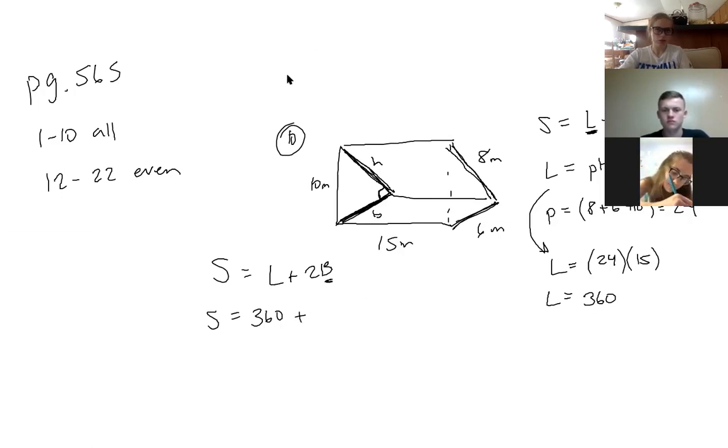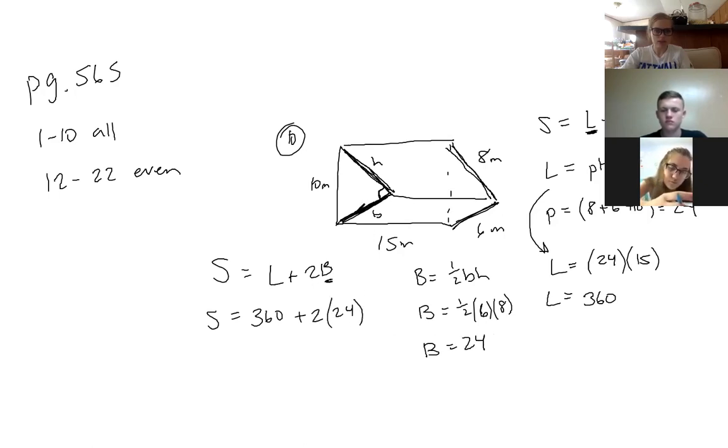So the area of the base is a triangle, which is 1/2 base times height. 1/2, the base is 6. The height is 8. So 24 is my area of the base. Multiply that by 2 because I have 2 triangle bases.